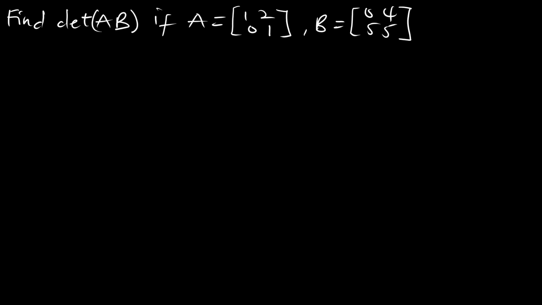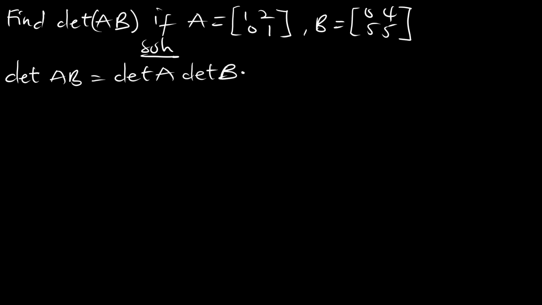So we are going to find delta of AB. Remember, we said delta of AB is equal to finding the individual deltas and multiplying them. Let's see if this is true.